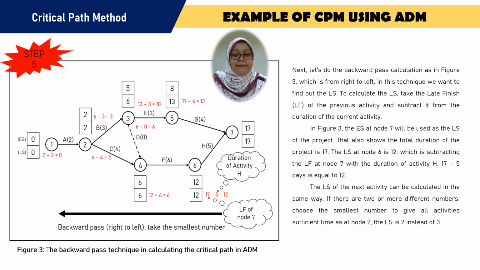We have 17 for the ES, so we take the late start also as 17, and then we subtract the duration of the activity, which is 17 minus 5, and we get 12 for the late start of event 6. And we continue to the others until we get the late start at event 1.